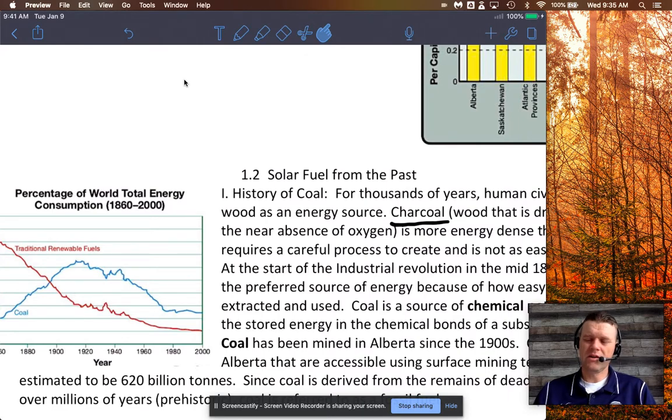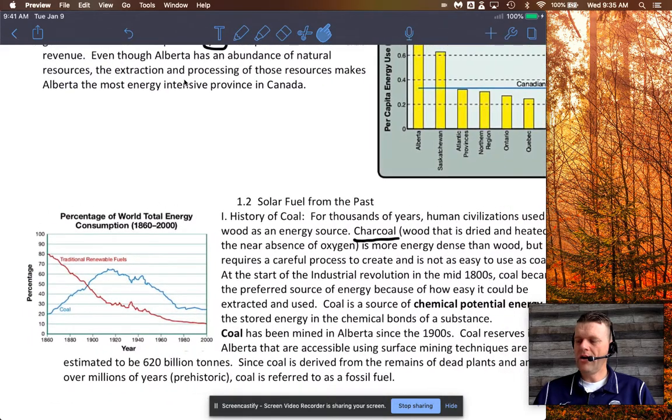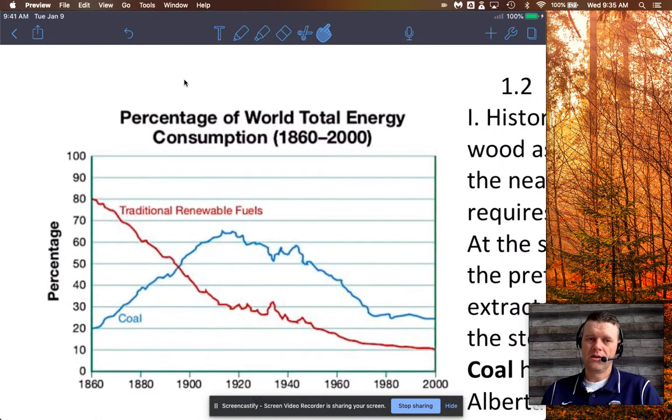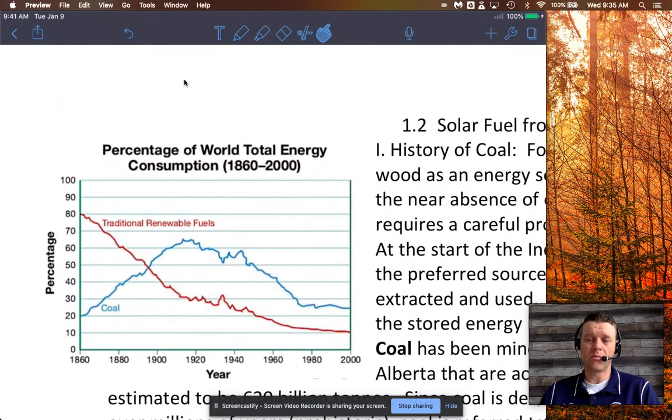It's just a little tricky to make, and as a result, it's not the easiest fuel to get at. Over time, coal became the dominant fuel source, especially in the early 1900s. In fact, in our province, that's when we started mining like crazy. There's a whole bunch of mining towns in our province.